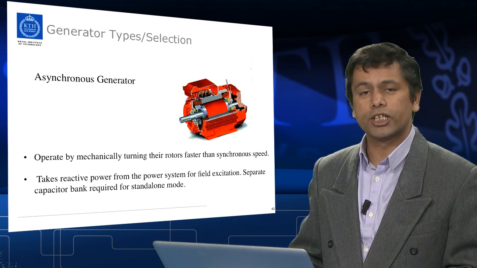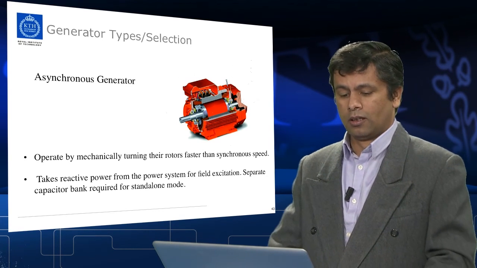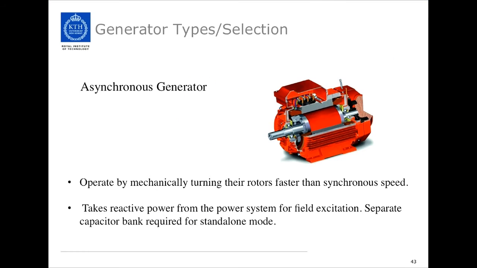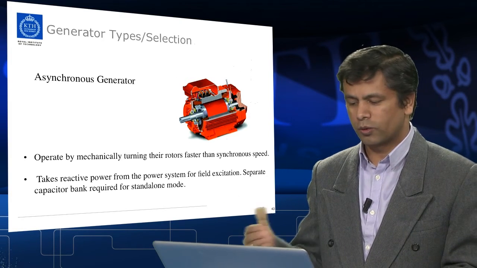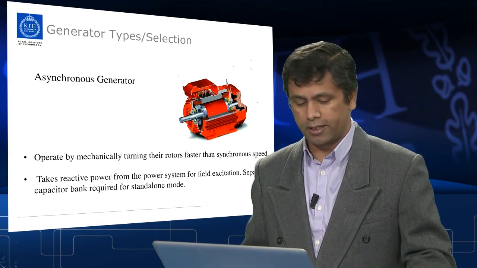Another one is the asynchronous generator, and this operates mechanically, turning the rotors faster than the synchronous speed. Once you try to run the motor faster than the synchronous speed, it will start acting as a generator.